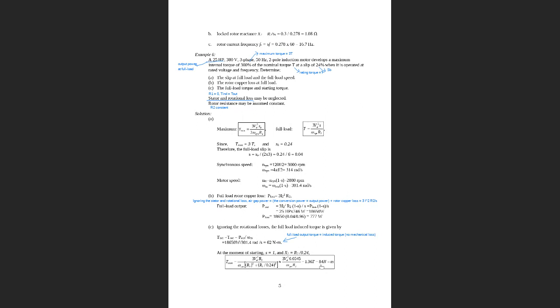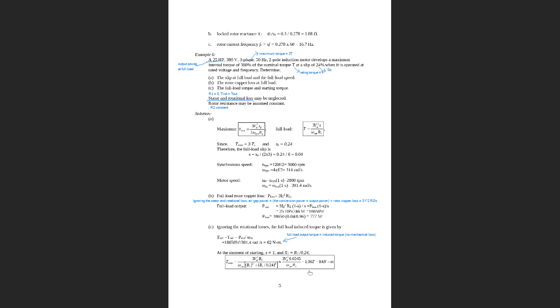Here it is not necessary to know the values of I2, R2, or X2, but we can obtain the torque, the speed, the slip, and so on. So this is example 6, very interesting and quite different from example 3.